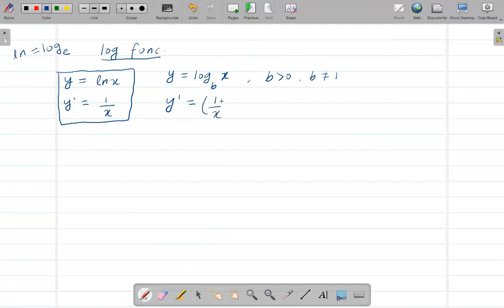Now on these kind of log functions, if the base is not e, then there will be one extra term, which will be 1 over natural log of whatever the base is, b. All right. And you can also take this as a formula.